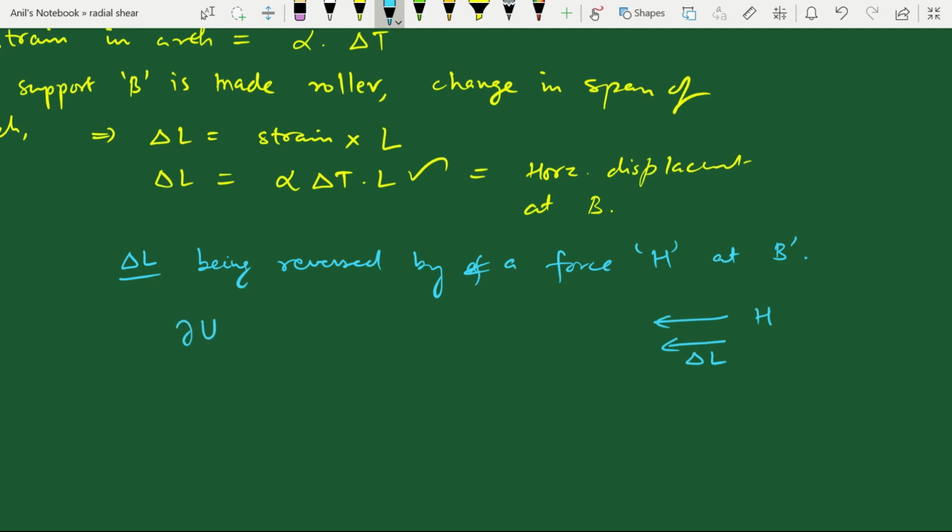So according to Castigliano's second theorem again, if we apply this formula, del U by del H equal to, it must be delta L, because delta is the displacement along H. So as per Castigliano's second theorem, we can write this.